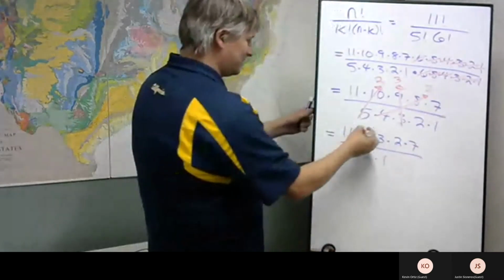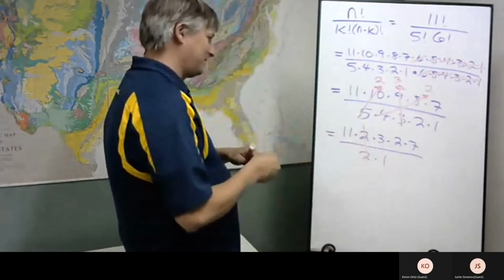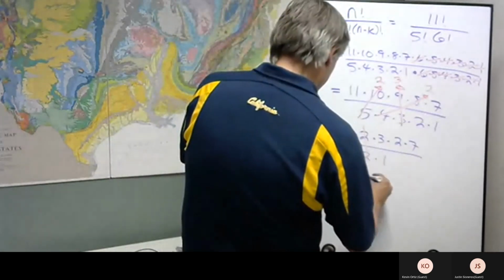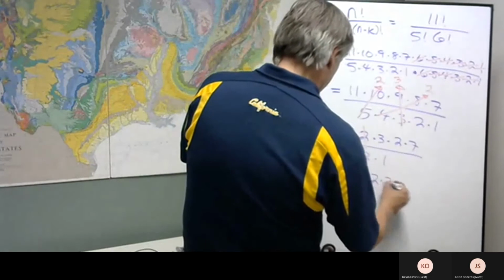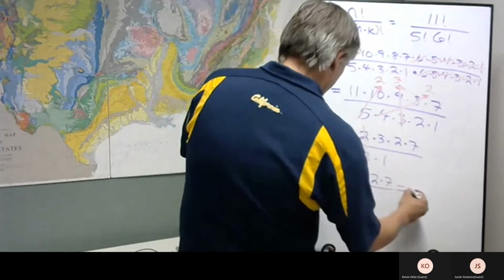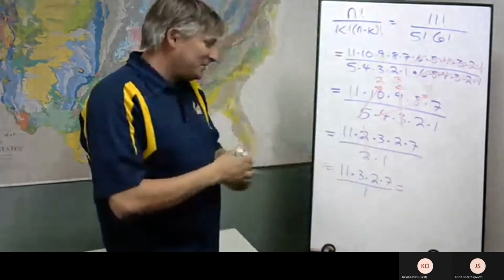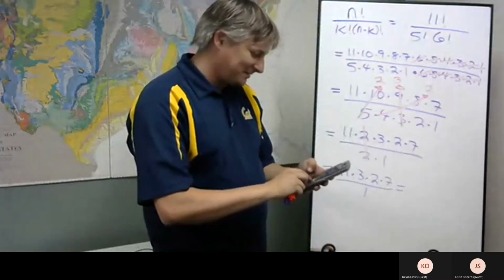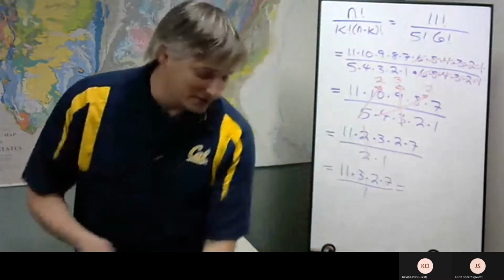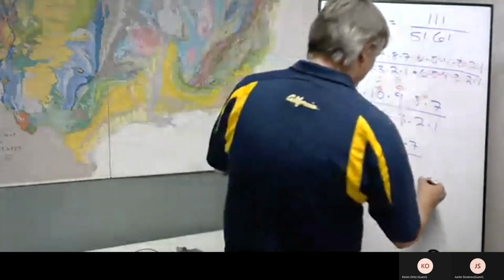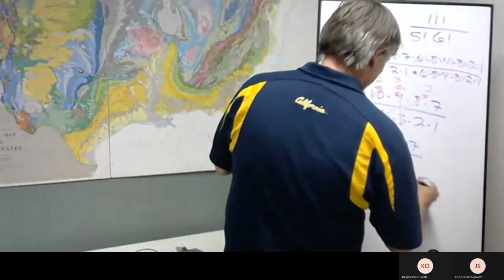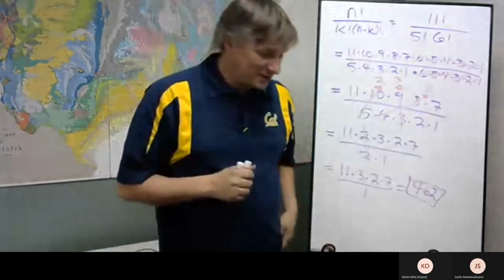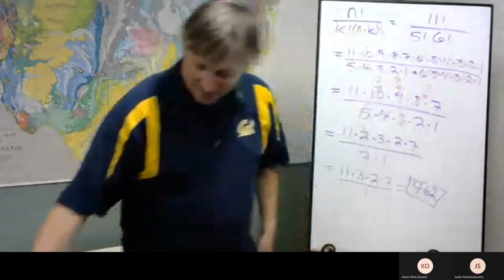There's another cancellation. So 42 times 11, I'll break down in the calculator. 462. That's going to be your answer. I'll double check that. Bingo.